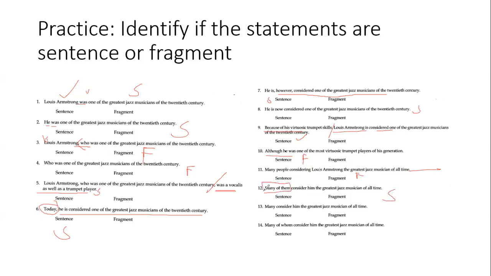Even then, here also, many of them who are there, the people. Okay. But still, it's a sentence. Many consider him the greatest jazz musician of all times. Again, a sentence. 14, many of whom, a relative clause, is a fragment.